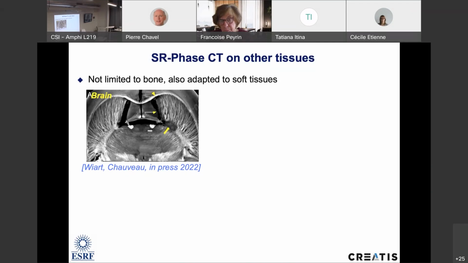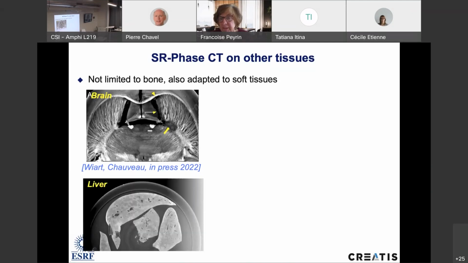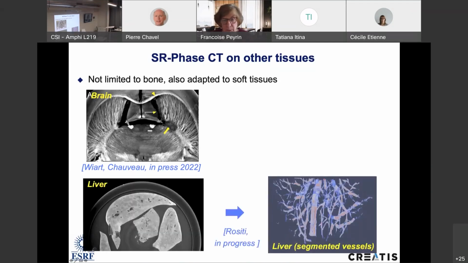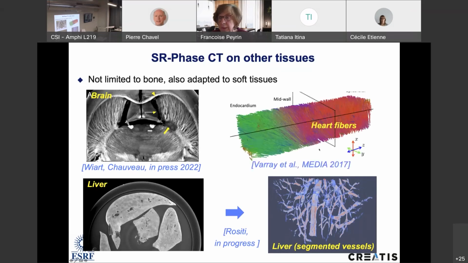And this is also a work in progress, which is done in liver, where you can also see the vessel network in the liver. Another work has been done to image the ear fibers, so in ear samples also. So it provides what we currently call a 3D virtual histology technique.